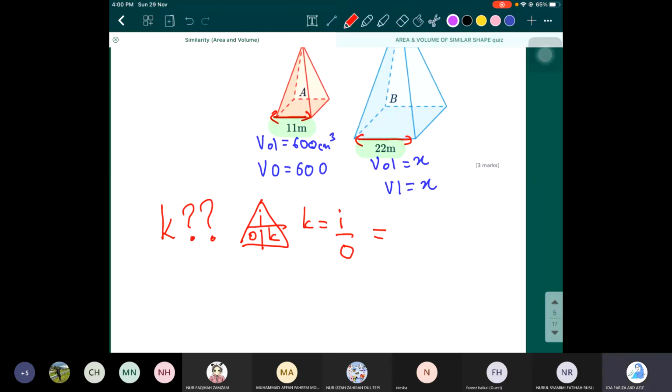Even though the unit given 22 meter for the base of B image and untuk A 11 meter, sebab kita mencari scale factor, class, scale factor dia tak ada unit. Sebab kalau diperasan kat sini meter per meter dia akan hilang.